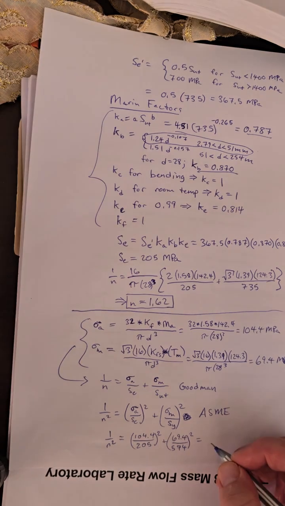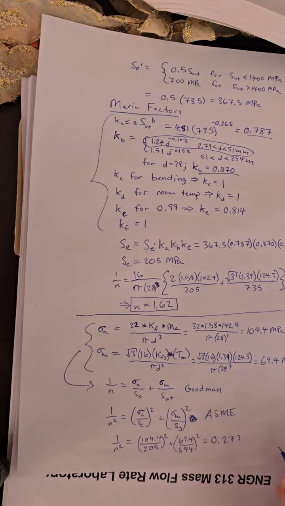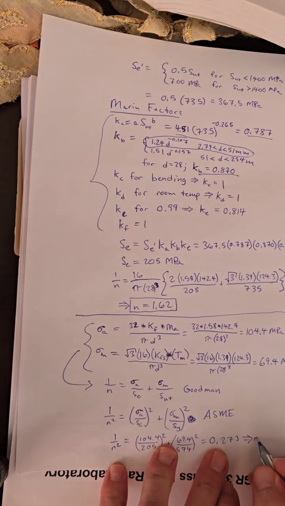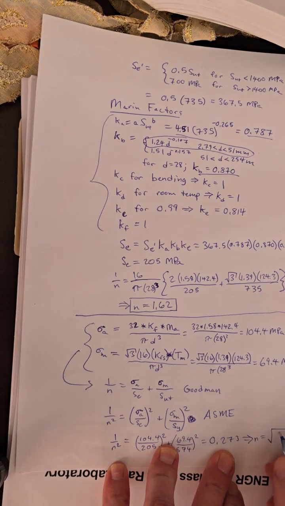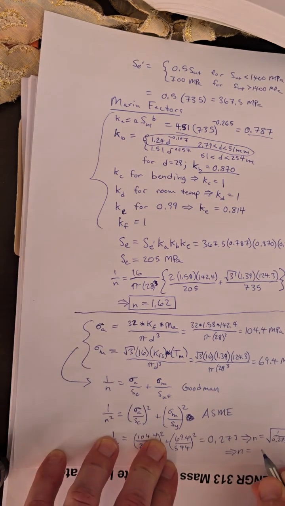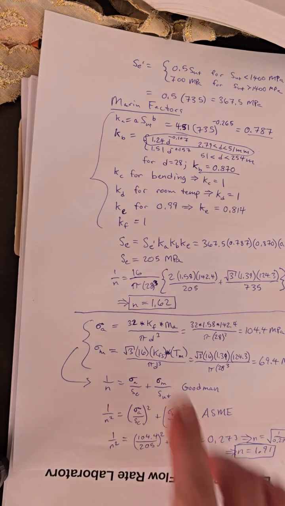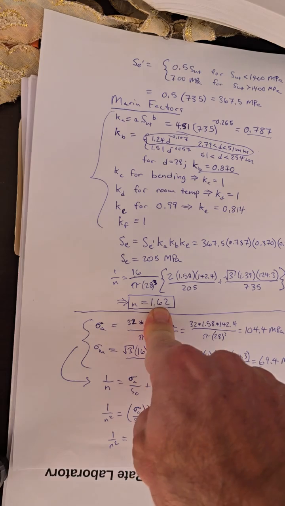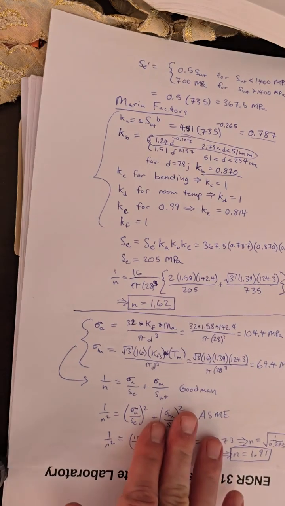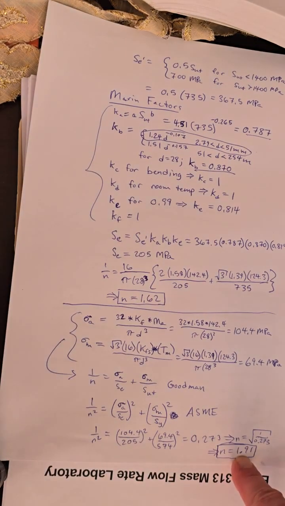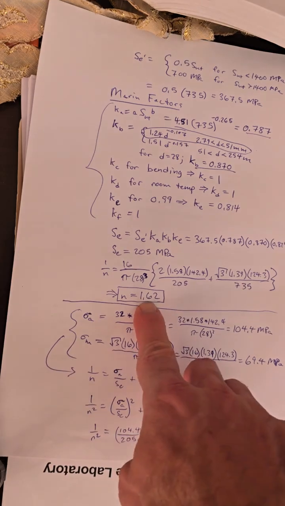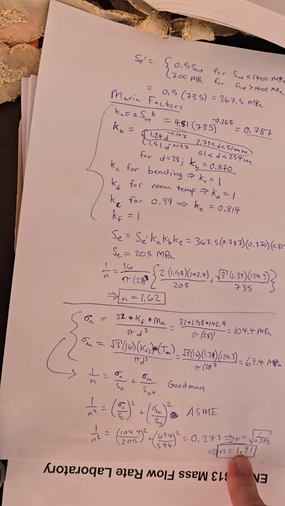So here I get a value of 0.273. So n equals square root of 1 over 0.273, and I get n equals 1.91. So the Goodman safety factor appears to be lower, somehow more conservative than the ASME safety factor. Goodman 1.62, ASME 1.91.